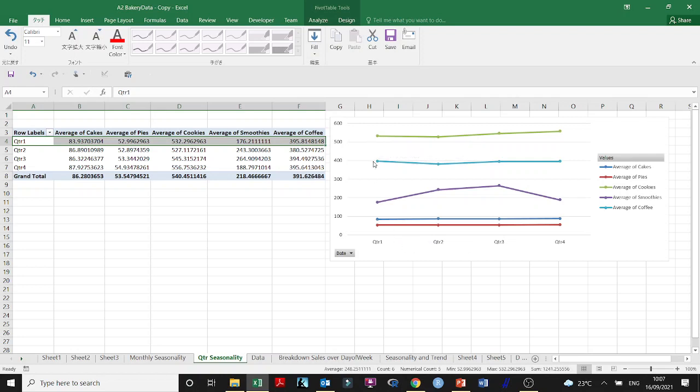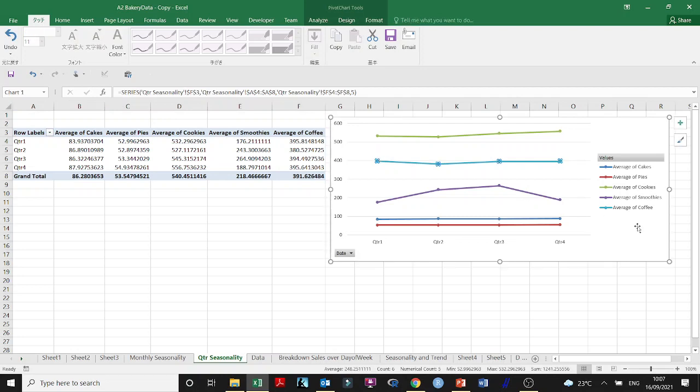which is winter. In winter, we can see that the average coffee is higher, and then we have quarter 2, April, May, June, and then extends to July, August, September, and then back again to going down for the smoothies.